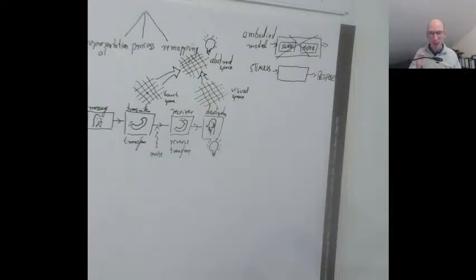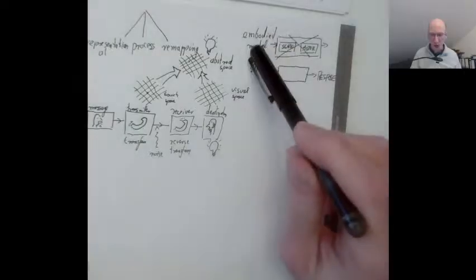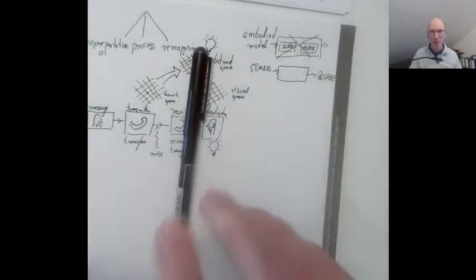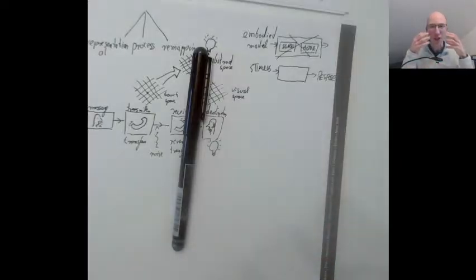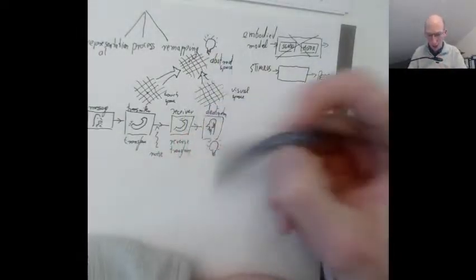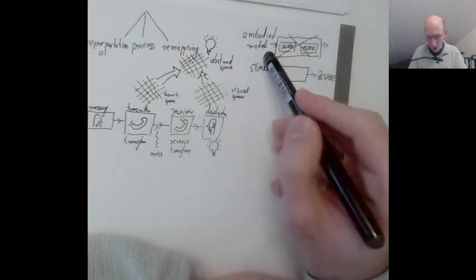But my understanding is that the embodied model says you cannot open the black box. You cannot look inside. You cannot separate the different elements. This might be an unfair representation, simply because I don't understand the embodied model yet.